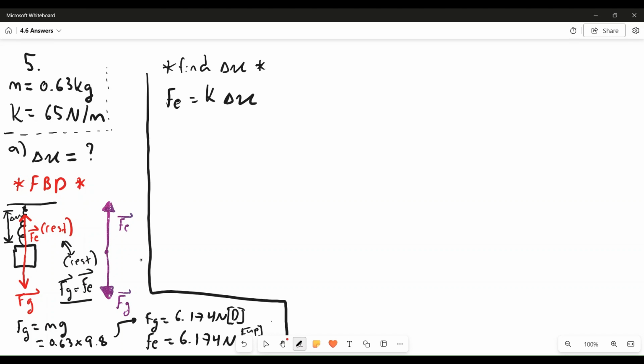So we're going to plug in everything we know. We know Fe should be solved over here. We got this. So 6.174 equals K, which is our 65, times the distance.